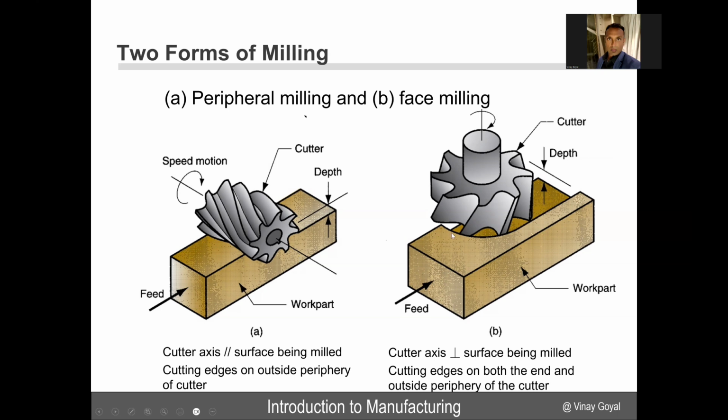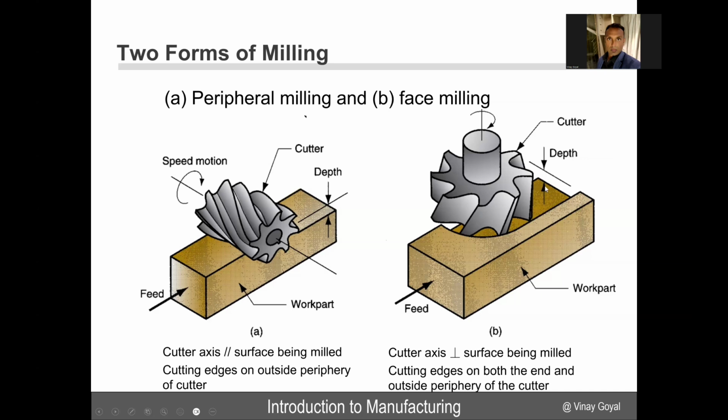You then have the cutter axis. Here it is parallel, right? Here it is perpendicular to the surface being milled. So the rotation and the feed are perpendicular. Here they're parallel to the feed. And in this case, we call this face milling for this scenario.